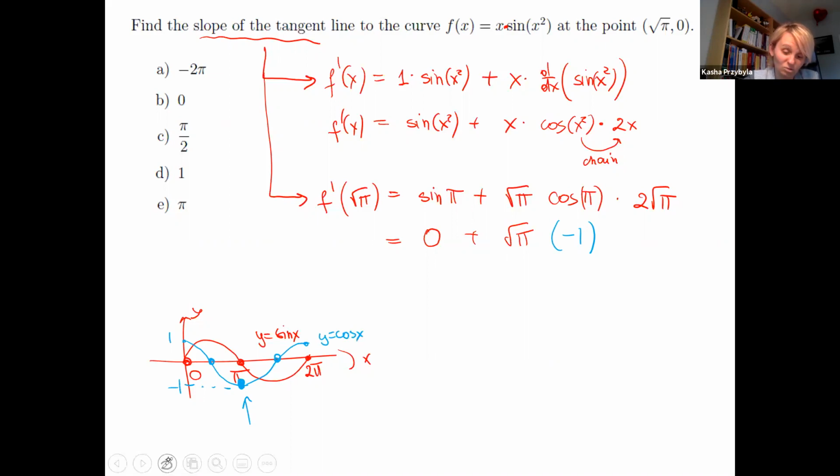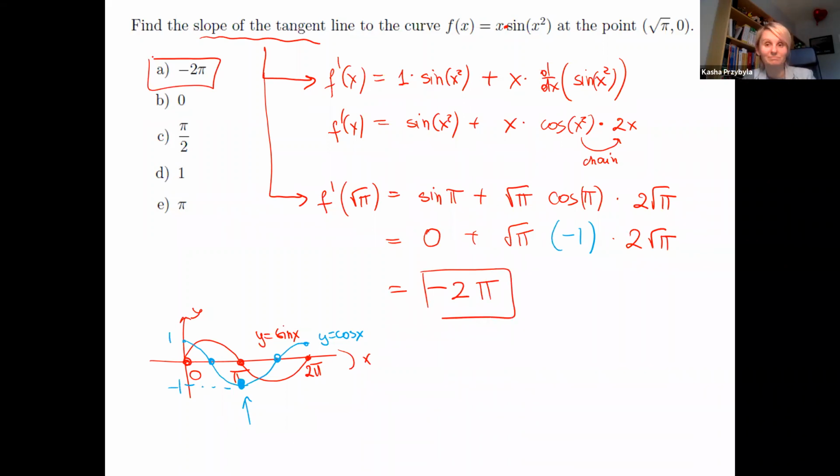I don't always use the graph; you may just picture the unit circle in your mind. And 2 times this. Okay, what's the final answer? -2 root pi times root pi will give me -2 pi. Good question. Remember about the product rule.